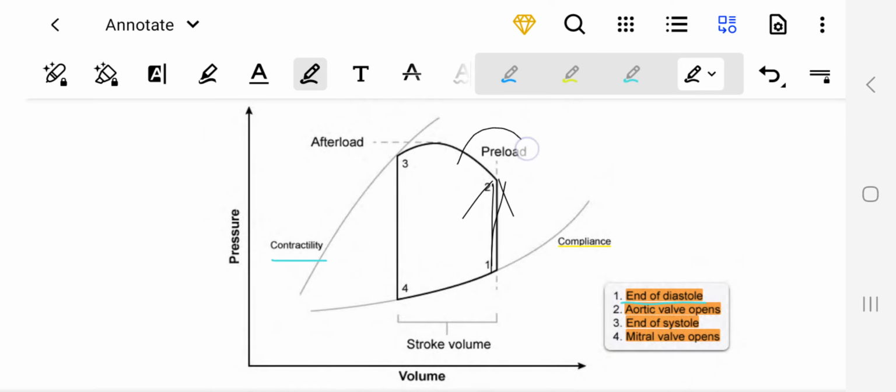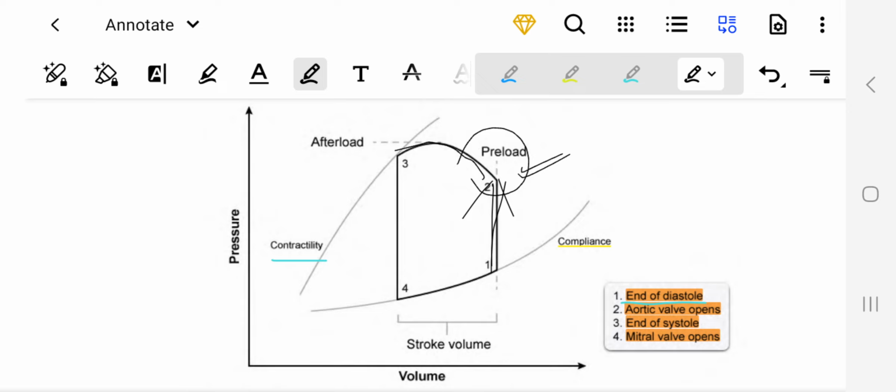So what will happen over here, when the pressure is increased, it will open the aortic valve. When the aortic valve is open, the volume of blood will rush out from the left ventricle, so the volume will go on decreasing.